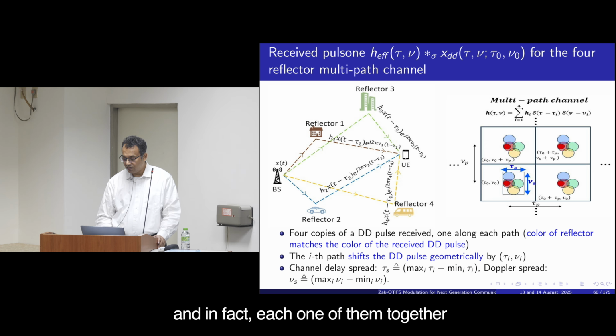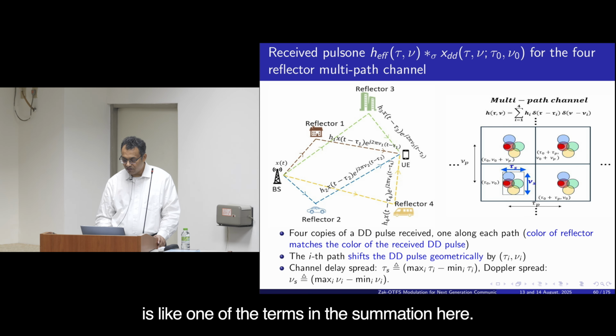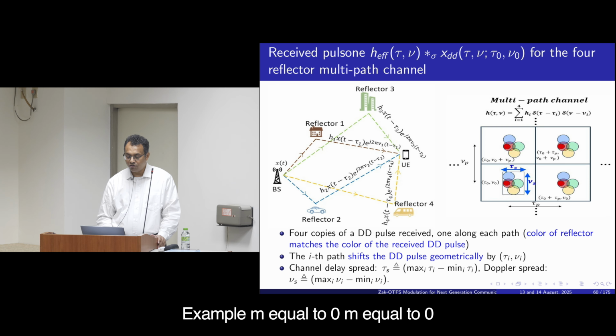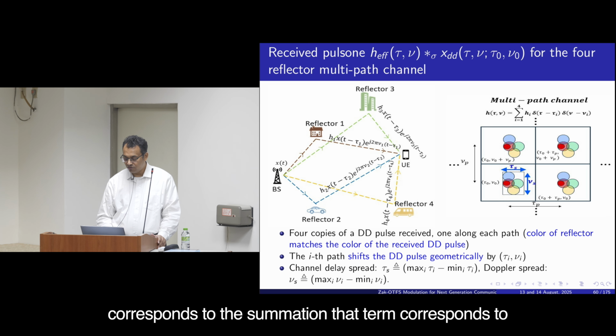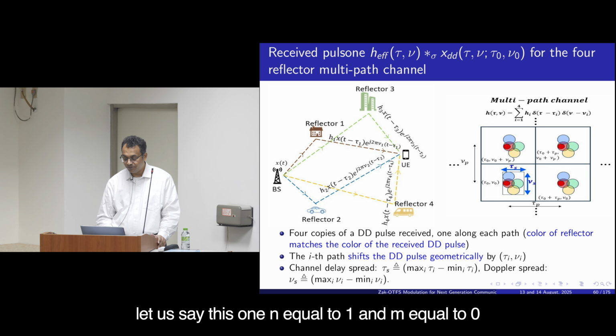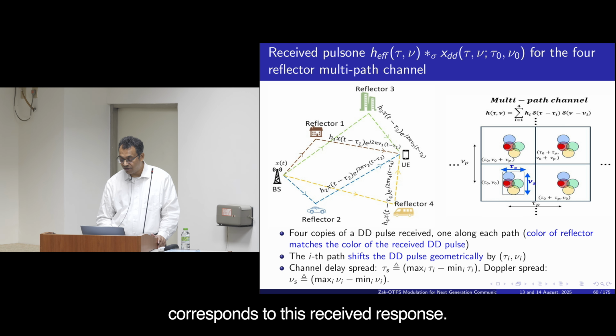And in fact, each one of them is like one of the terms in the summation here. For example, n equal to 0, m equal to 0 corresponds to this one. n equal to 1 and m equal to 0 corresponds to this received response.